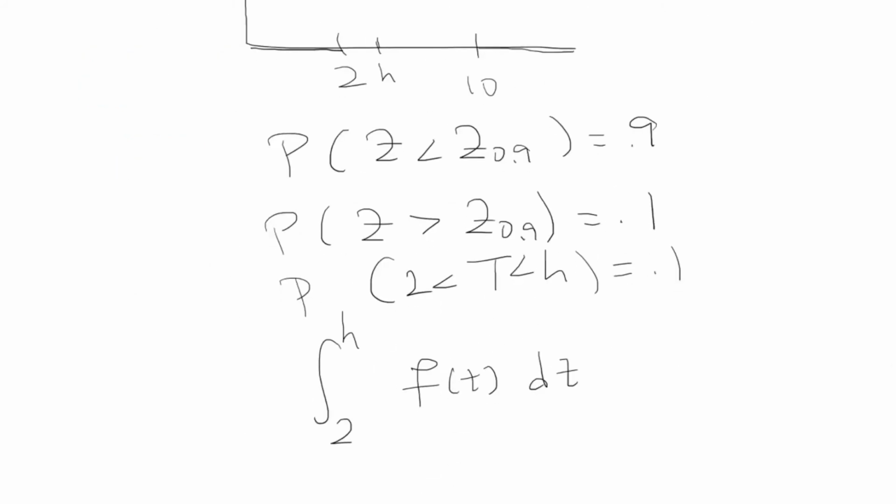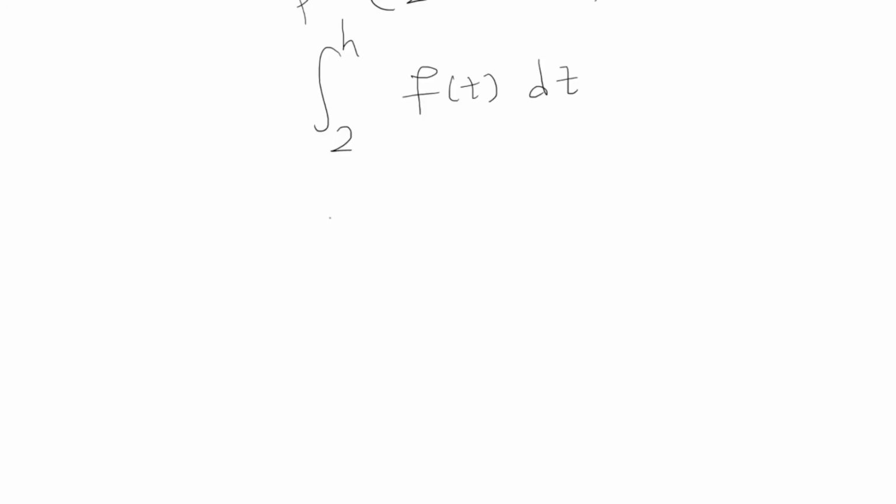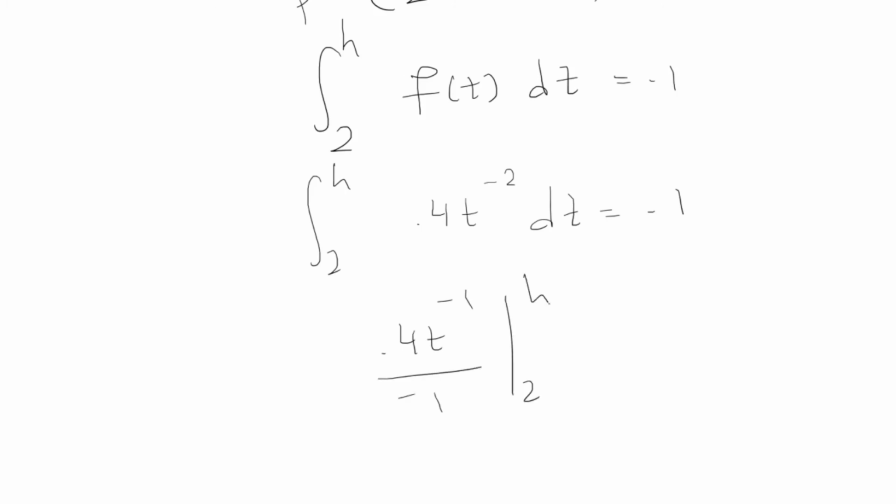So we're going to replace that, and again, we want this to equal 0.1. We're going to integrate this, use the fundamental theorem of calculus, and we're going to get that h is 4.